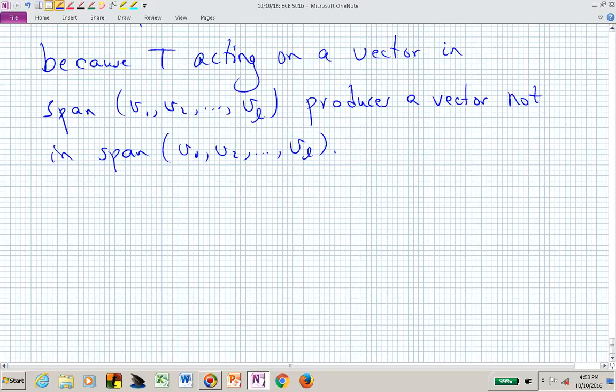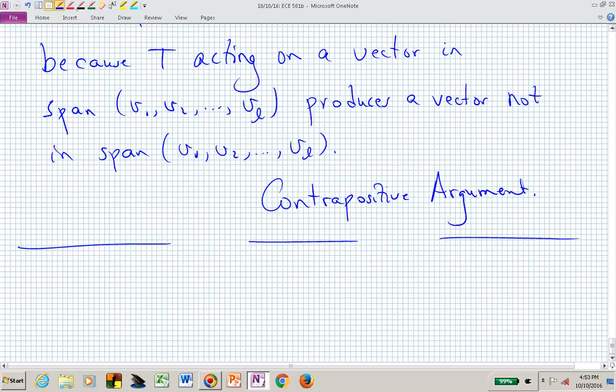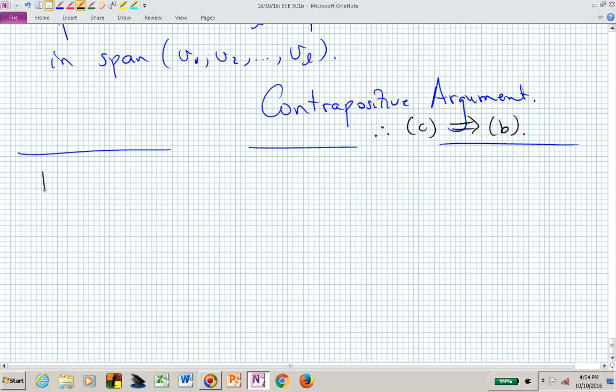So this is now our contrapositive argument. We started with not B, and we showed that that implies not C. And that now says that C implies B. Now we want to go one more step and show that B implies C.